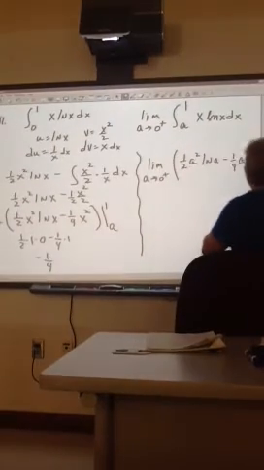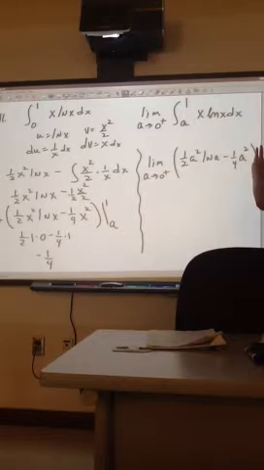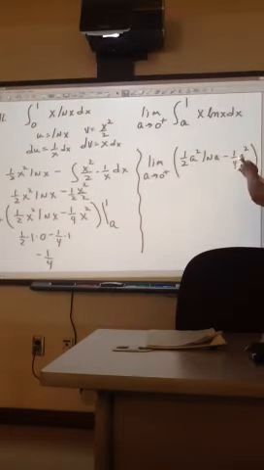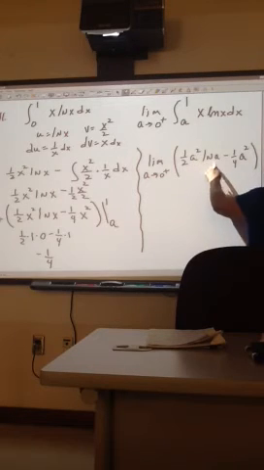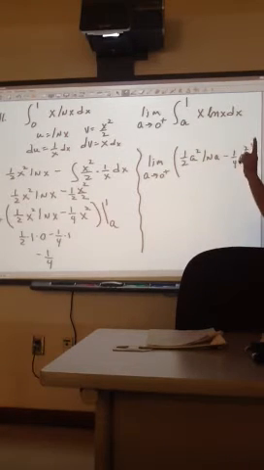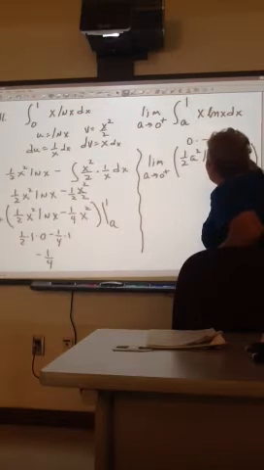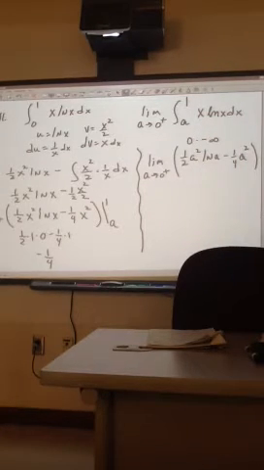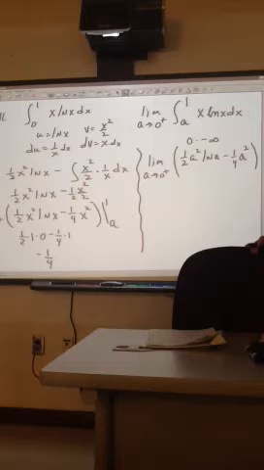This piece is easy because you can straight plug in the 0 and be fine. So that's gone. This piece is a 0 times negative infinity. And that's indeterminate.